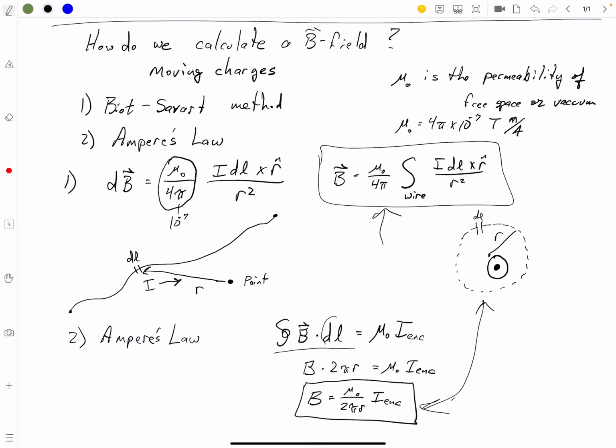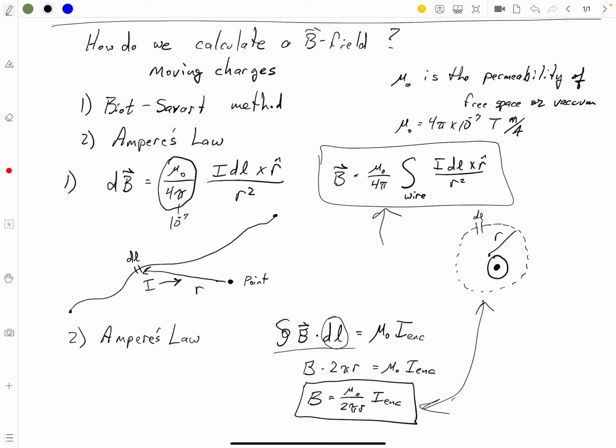This is a line integral. So our closed line, our loop, we can put it anywhere we want. It doesn't have to be at the center of that current, as long as it's enclosed. And we're good to go.